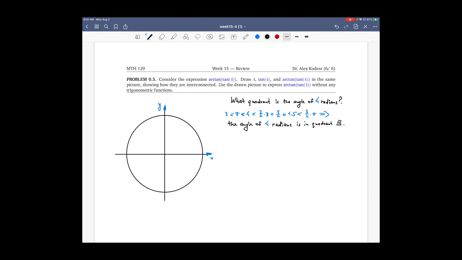All right, it doesn't really matter where that angle is. Let's say it's here. I don't mean to say this is the midpoint, but that doesn't really matter. Now, let's draw 4. So we are counting angles along the circumference.